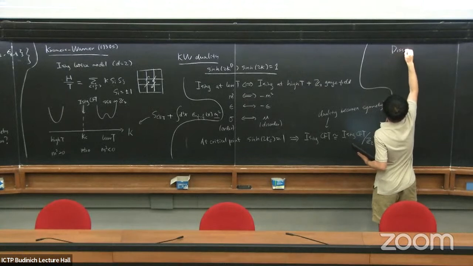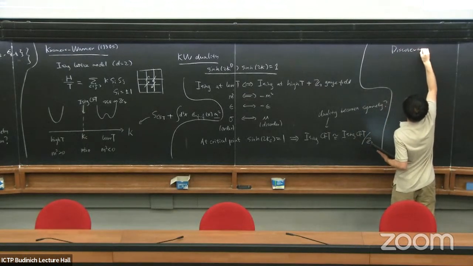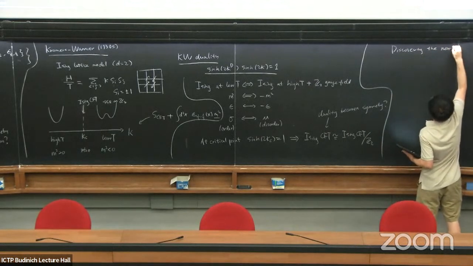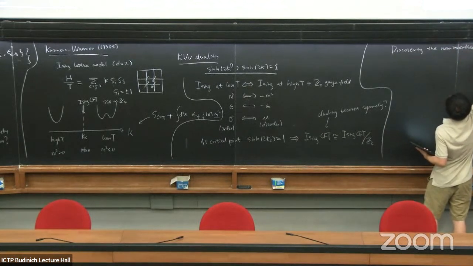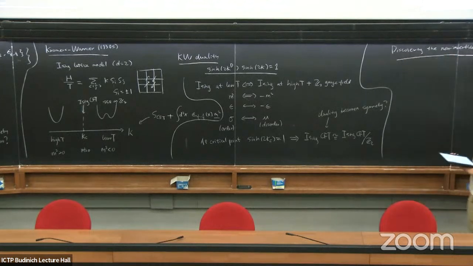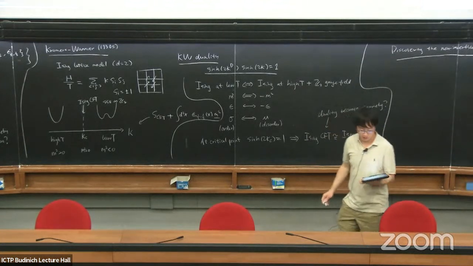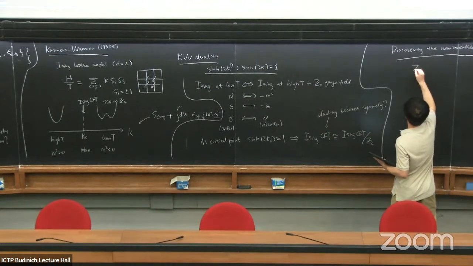So there are many ways to pin down what this symmetry is. Let me give you one argument that uses this very simple picture that we draw many times. That is modular invariance.